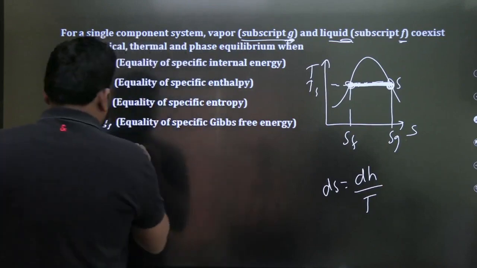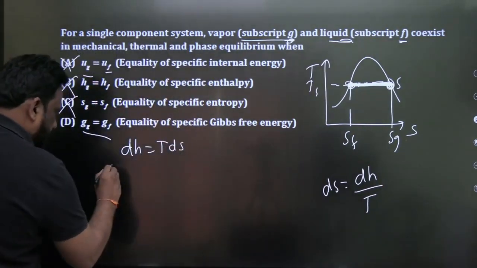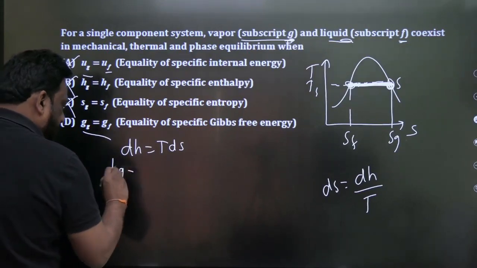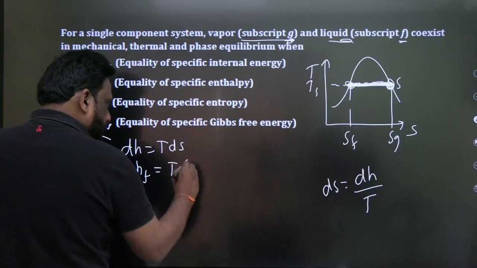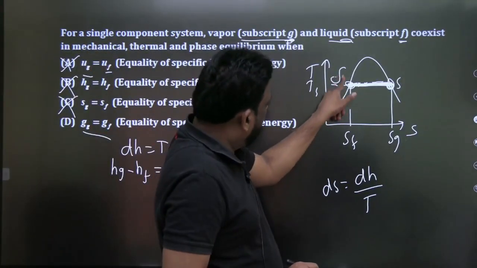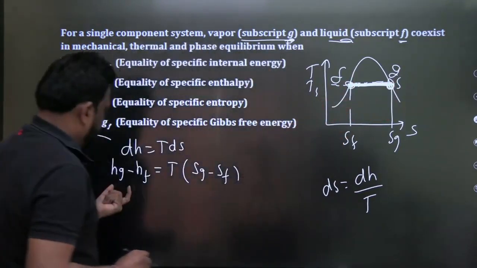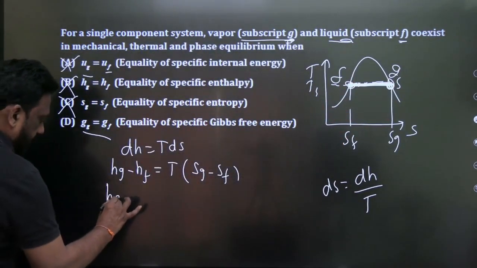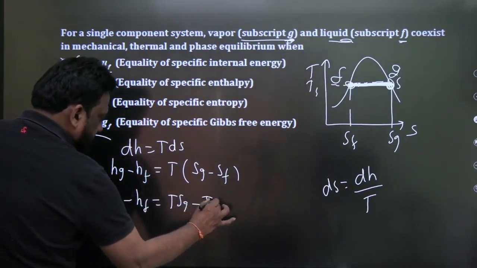Now, you have seen that dH is equal to TdS. So during phase change, the enthalpy change is this, and temperature is constant, Sg minus Sf. Let me repeat. It is from f to g. So enthalpy change is Hg minus Hf. So this can be written as Hg minus Hf is equal to T Sg minus T Sf.